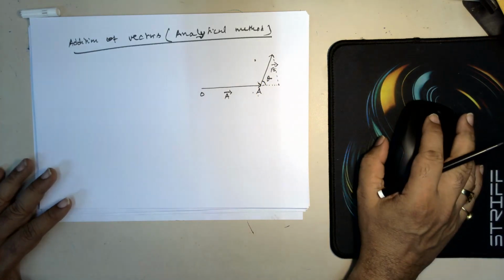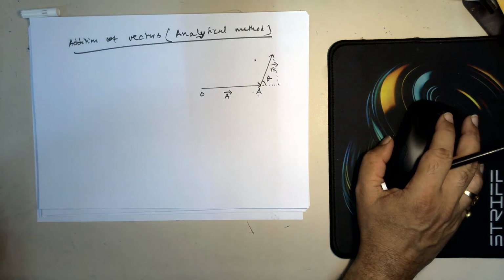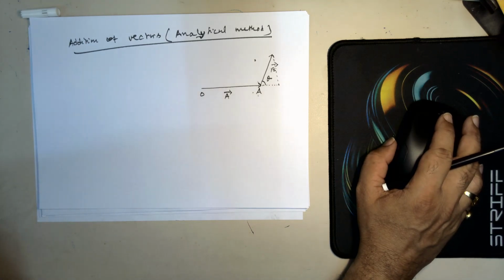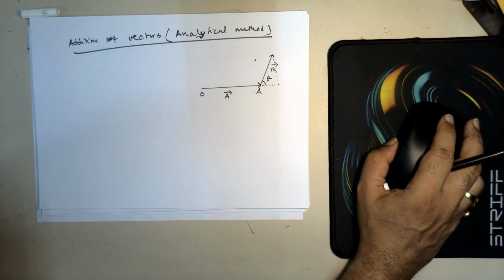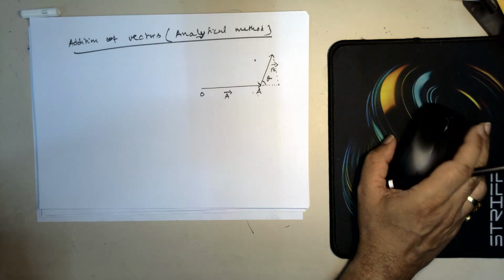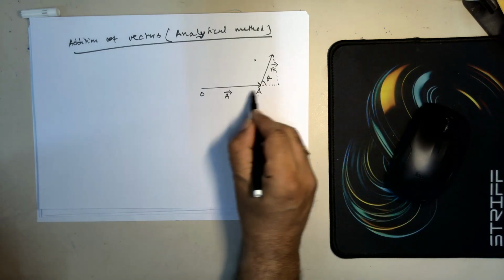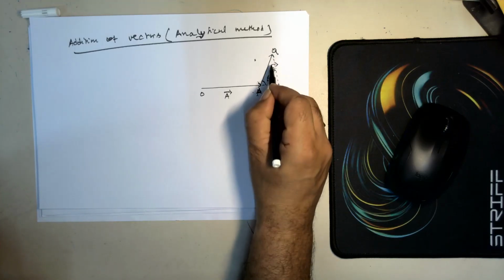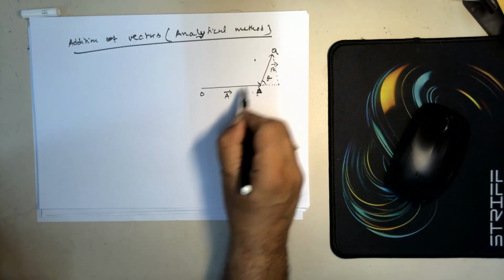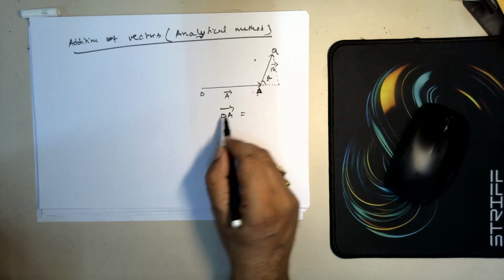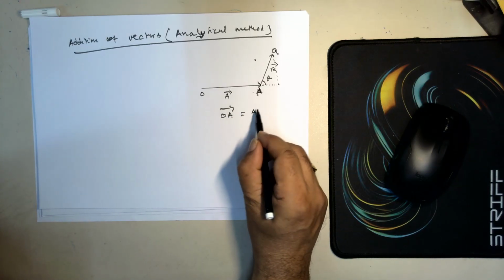Take down, on a particle at the same time. And they are represented in magnitude and direction by two sides OP and PQ. So let us call it OP and this is PQ. This is A vector, this is B vector.